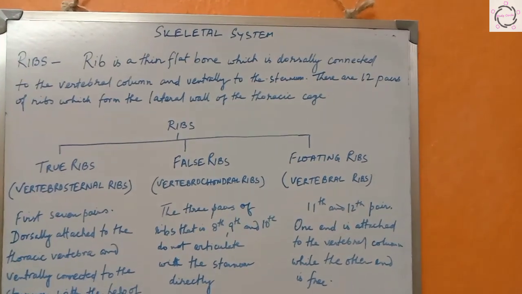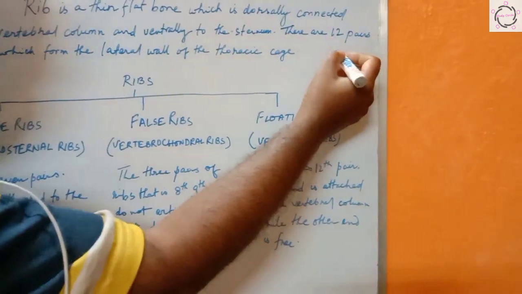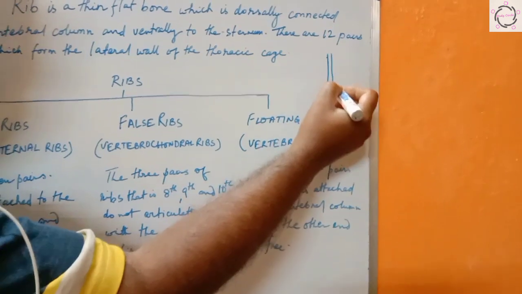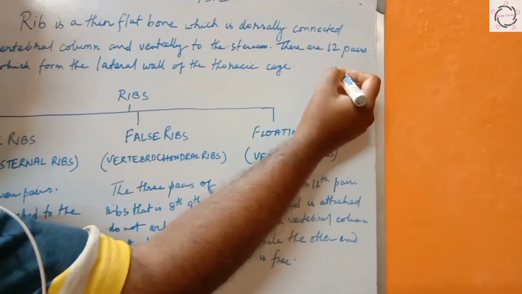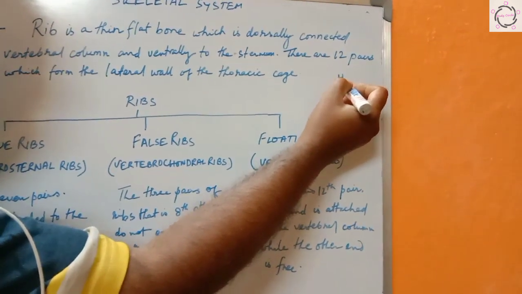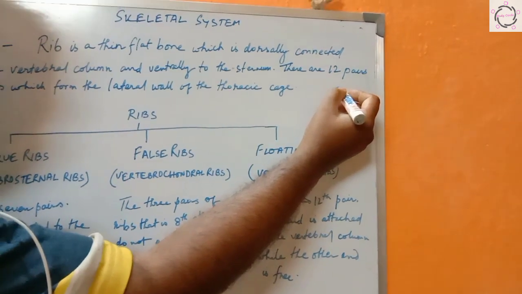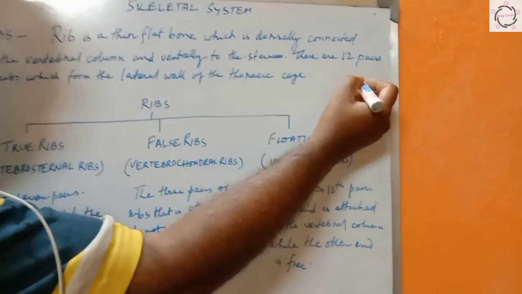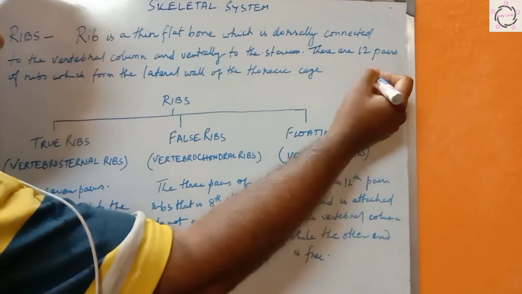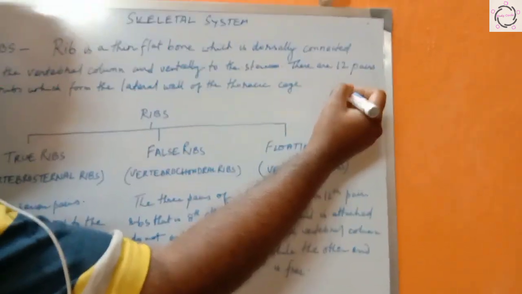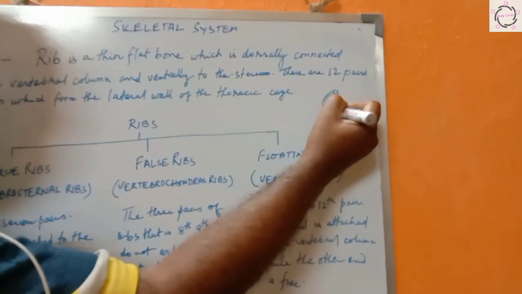Now here we know that the thoracic bone at the back of the human body is the backbone or vertebral column. Dorsally connected to it, and ventrally, meaning at the front, it is connected to the sternum, the breastbone.